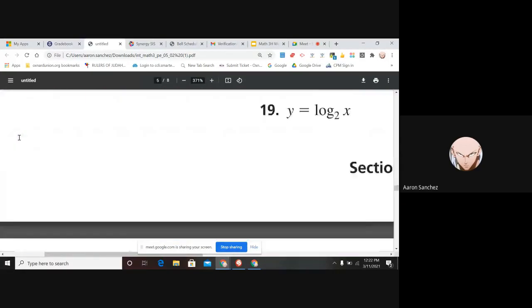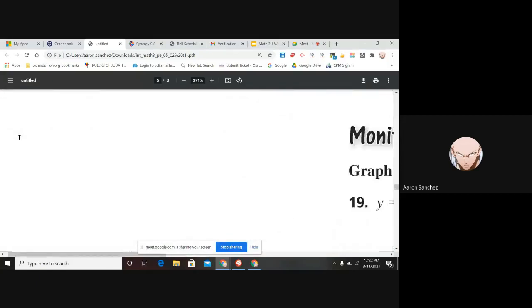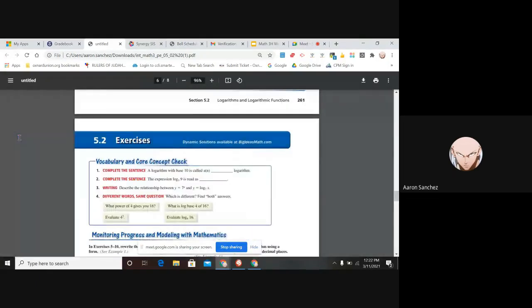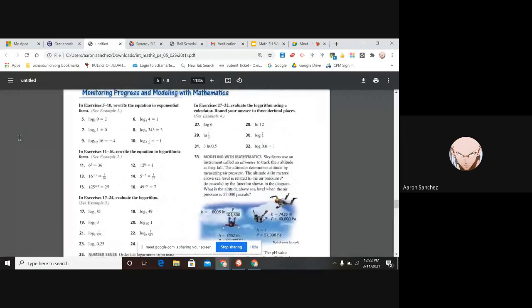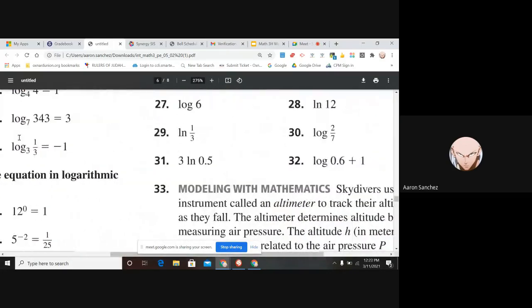But look at 27, it does not have a base. No base. Look at 28, no base, no base, no base. If there's no base for a log, that means it's a log base 10.